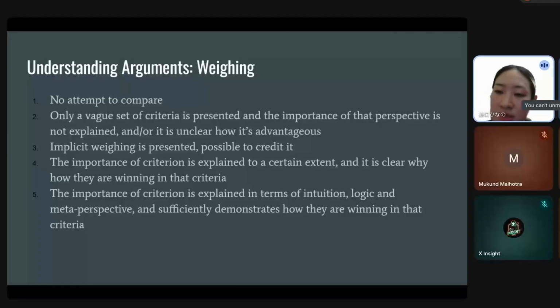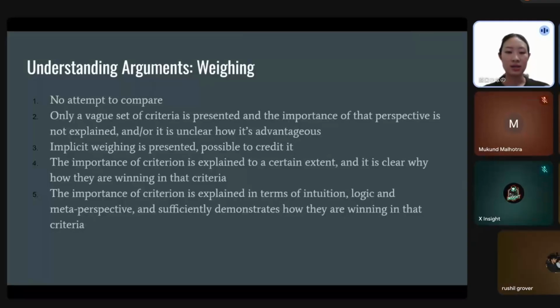By these explanations, what they did is explain how logically putting importance on that criteria is important, or they can explain in the meta perspective that not only your actor, but this criteria or this type of explanation can also protect the actors whom the opponent wants to protect as well.